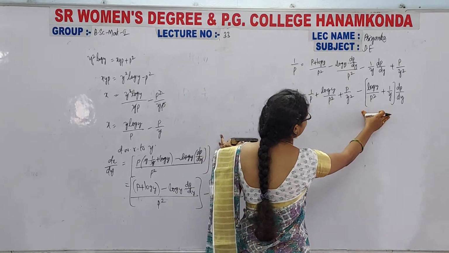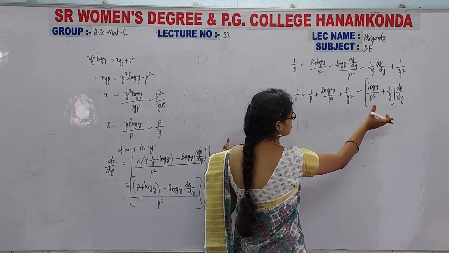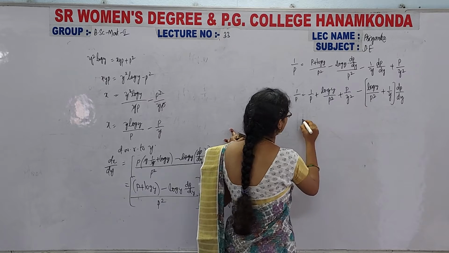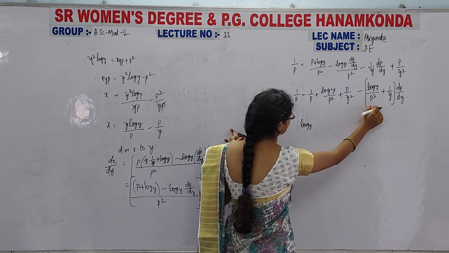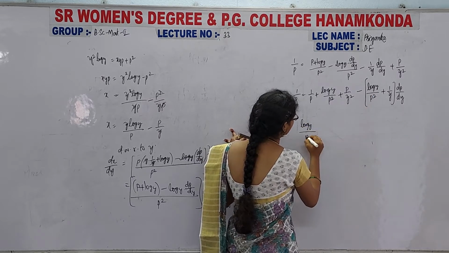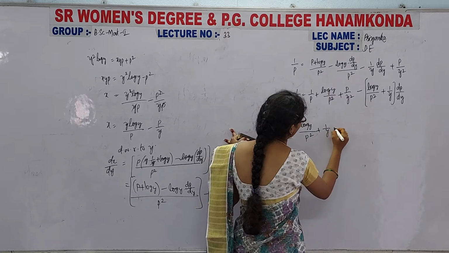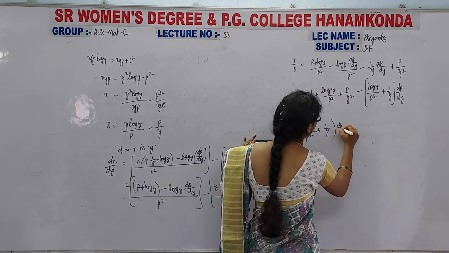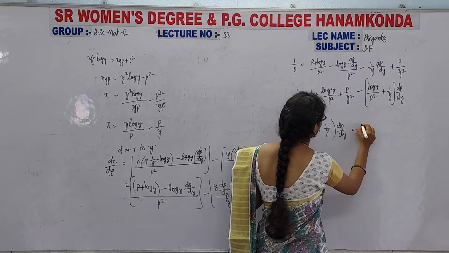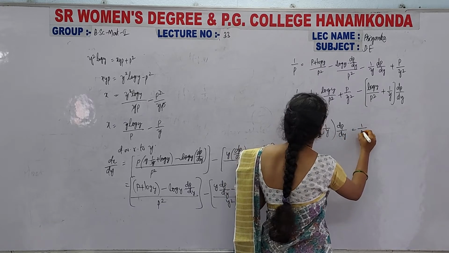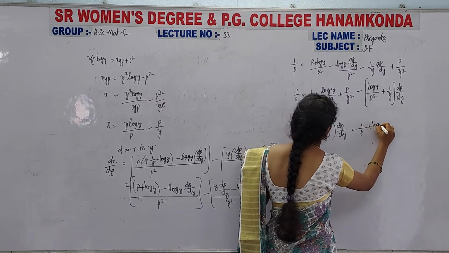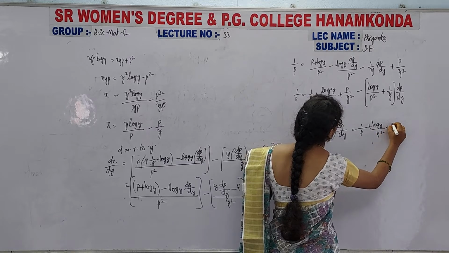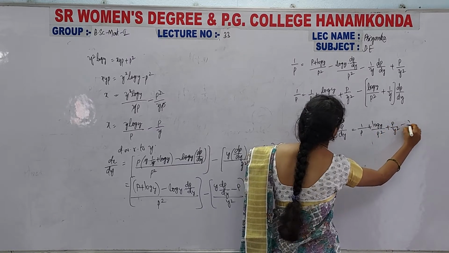Now here just I am keeping this value here, and just see here, what I am doing is log y, I am taking this entire value to this side, by p square plus 1 by y of dp by dy is equal to 1 by p plus log y by p square plus p by y square minus 1 by p.